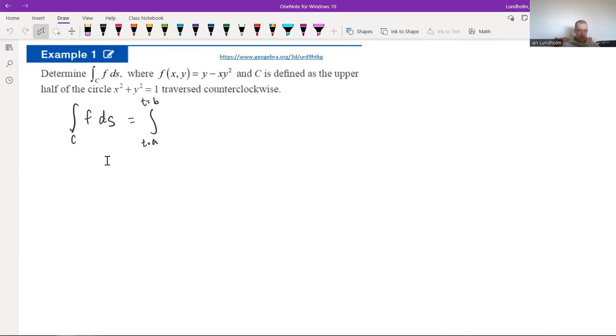F is our function. Right now it's y minus xy squared, but we're going to be looking to put that in terms of t as well, because we're going to want everything in terms of t before we integrate.